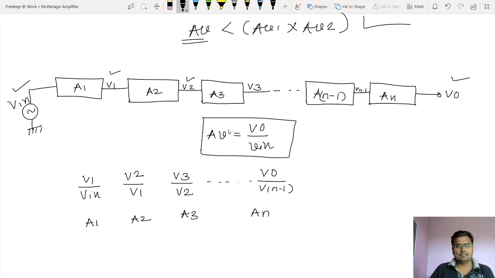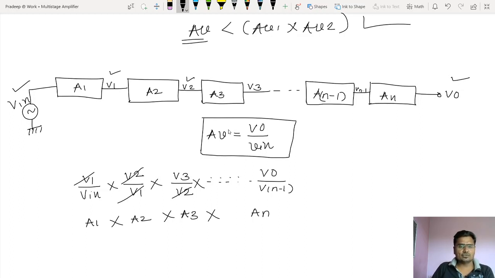So now if I multiply all those gains, what will happen then? See, this V1 can cancel V1, V2 can cancel V2. I am just multiplying this. Then finally, every stage is cancelling its input against the output of the previous one.